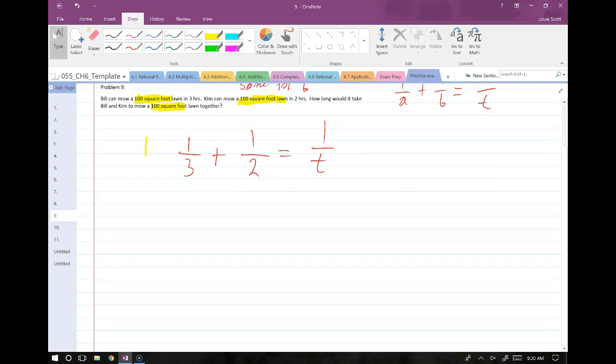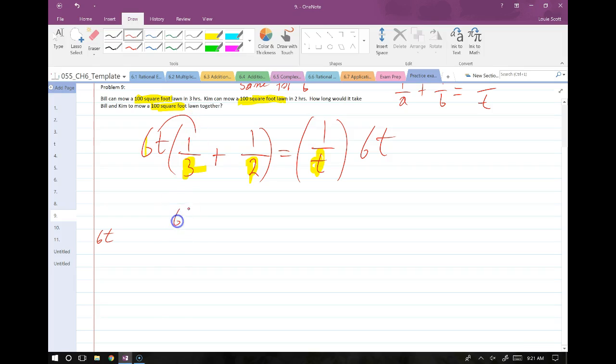All I need to do is multiply through by the LCD to clear all these fractions, and then I have a plain old equation, the kind that I love. Since all the denominators are prime, the LCD is just all those denominators multiplied together, which is 6t. So I'm going to multiply both sides of this by 6t. And after this, there should be no more fractions. Otherwise, I've got the wrong LCD.